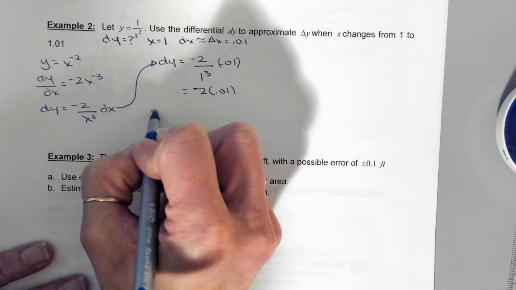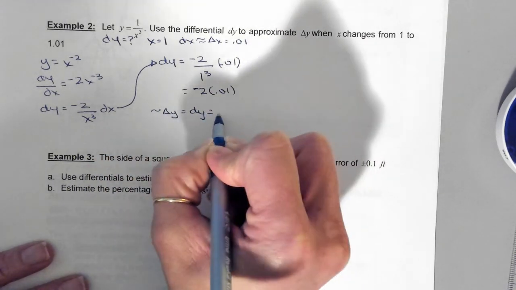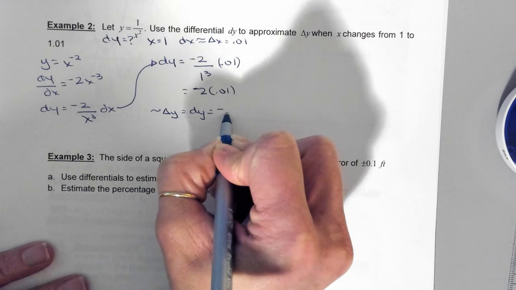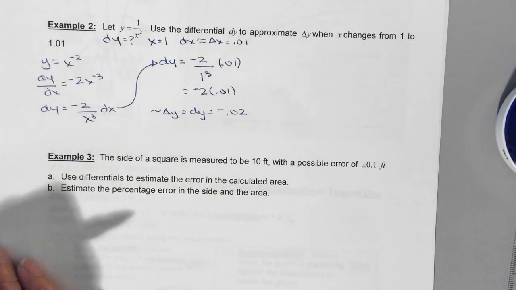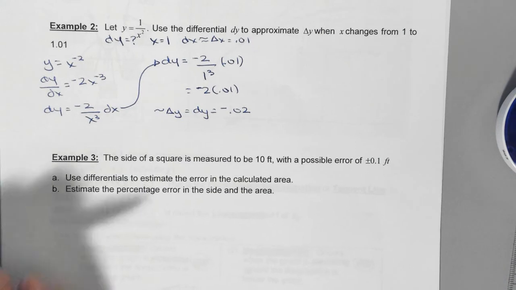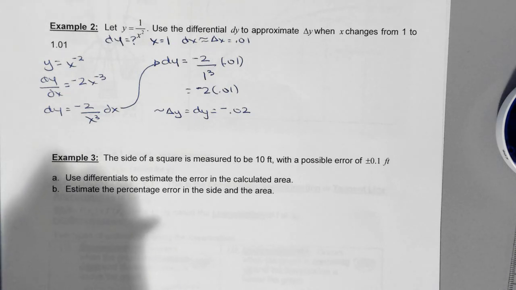So the approximate change in y, represented by dy, is equal to what? That's right. So what they're saying is that based on this relationship for this function, when x changes by 0.01, y changes by negative 0.02. Questions?